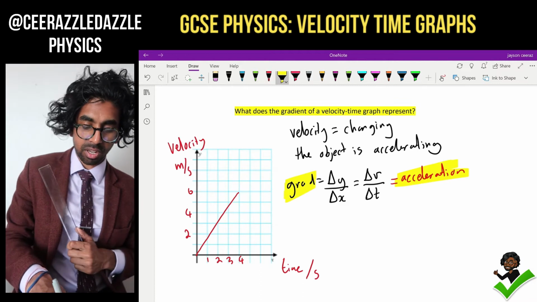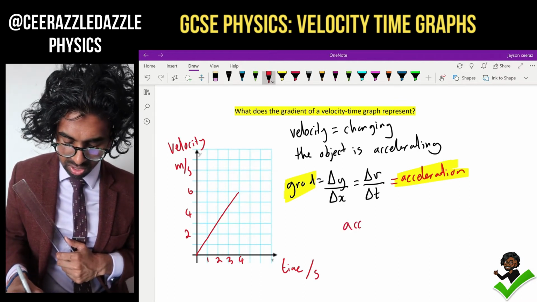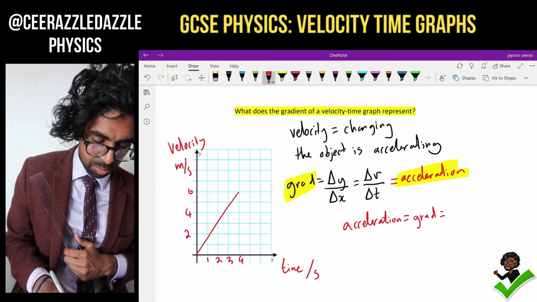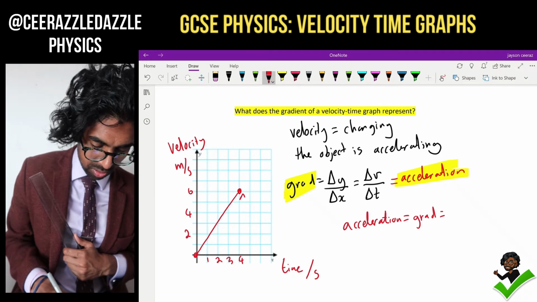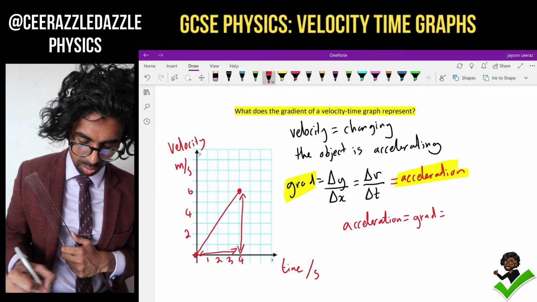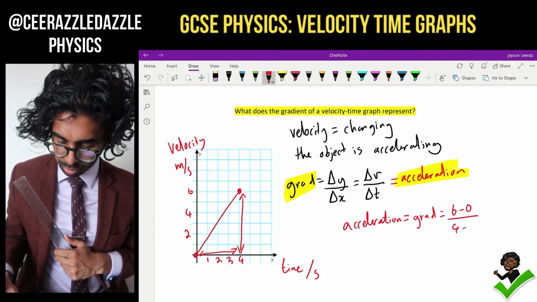Easy stuff. So let's work it out for this one here. To work out the acceleration, I simply need the gradient of the graph. So what's the change in y for that line? Let's pick 2 points there and there to start. That's my change in y. That's my change in x. Change in y is 6 minus 0 divided by 4 minus 0.